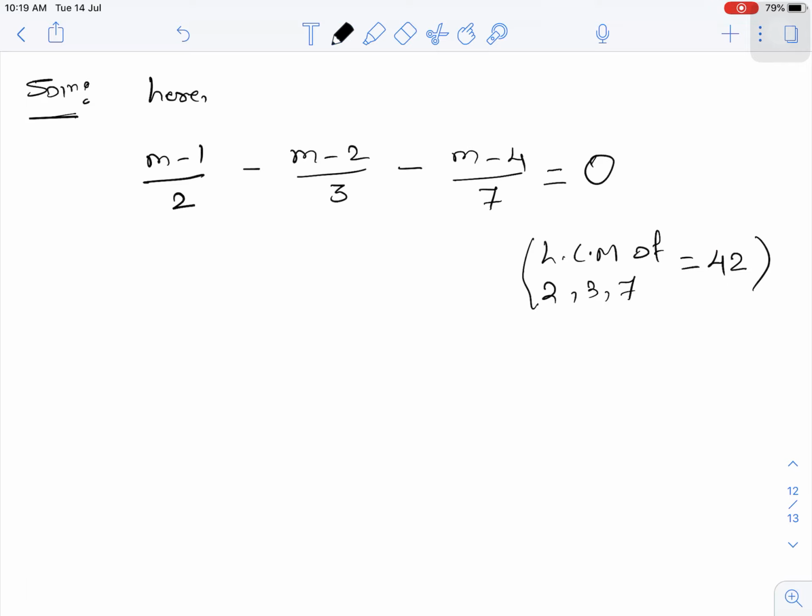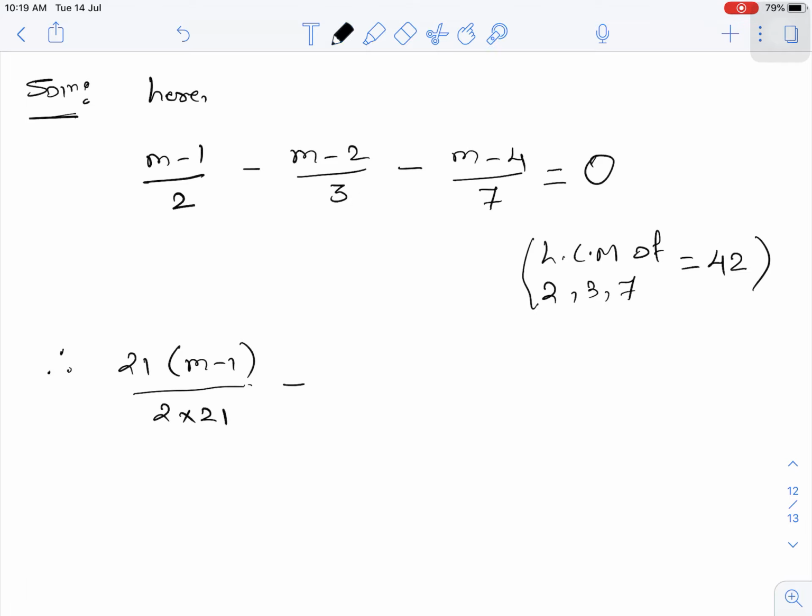Okay, so now here it is 2, how to make this 2 a 42? We have to multiply it by 21, so the numerator will also be multiplied by 21. So you will get 21 into m minus 1 upon 2 into 21, minus, now here we have 3.